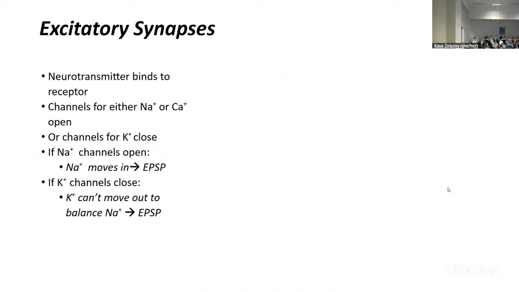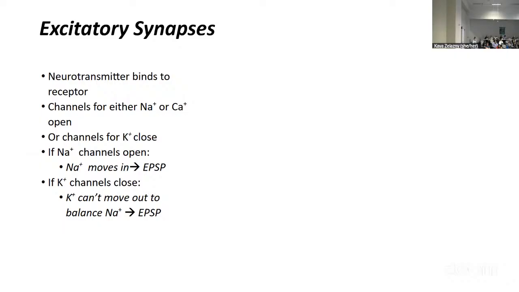So our excitatory synapses work the same way as our inhibitory synapses. So we're going to see in our easiest examples, channels that open and let sodium and calcium in, or other ways that we can get this cell excited, get its membrane potential up, is maybe we block potassium from leaving.